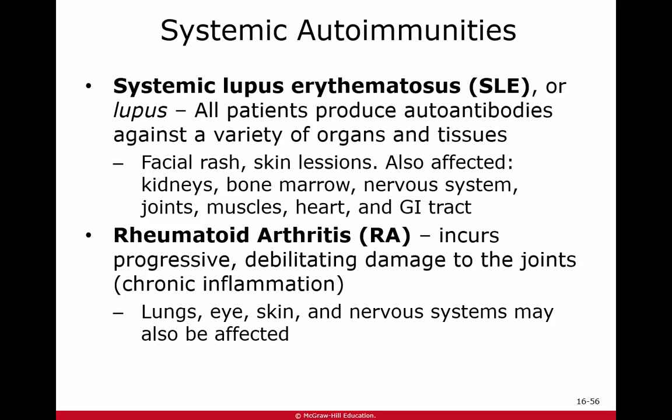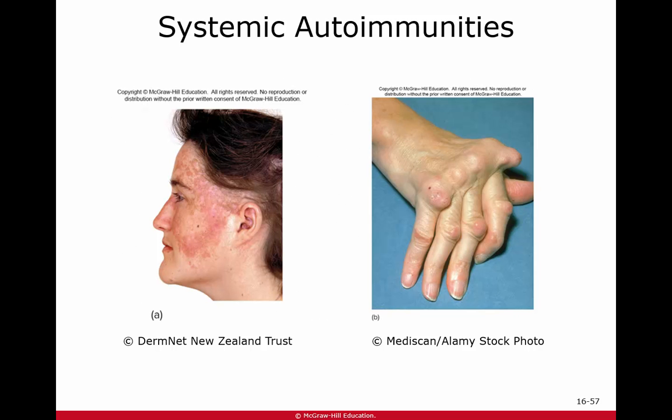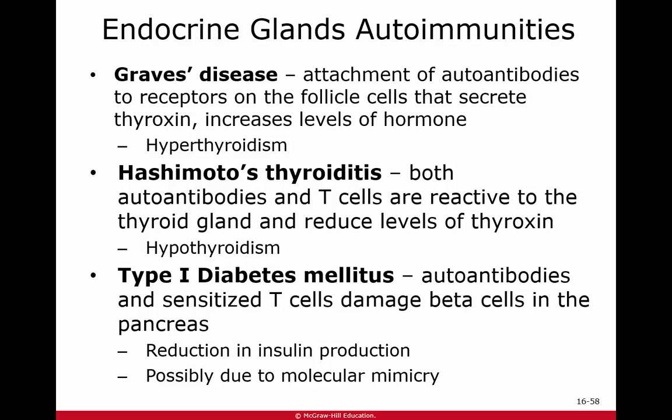It can also involve your lungs and your eyes and your skin and your nervous system. You can see the lupus in figure A. You see the rash, and then of course rheumatoid arthritis over there in figure B. Those are systemic.